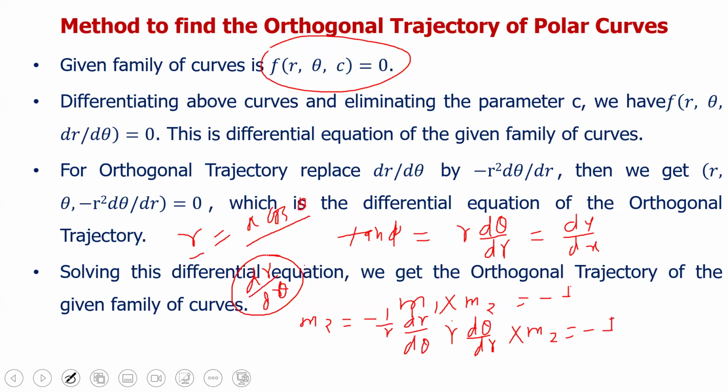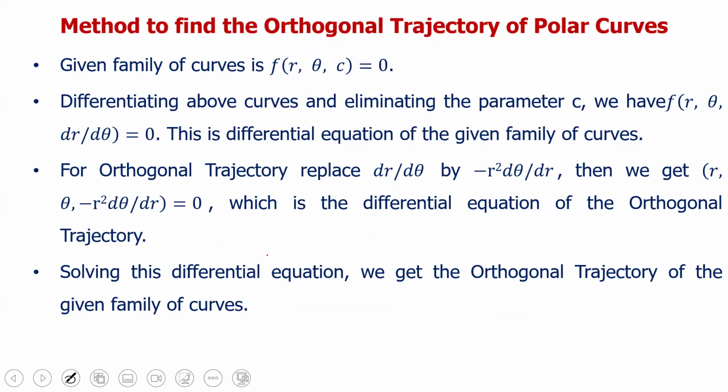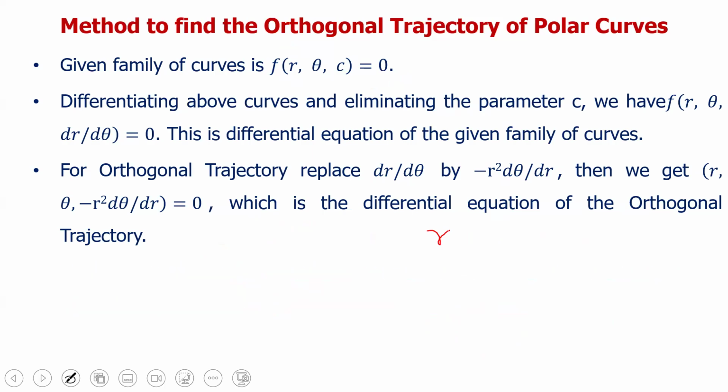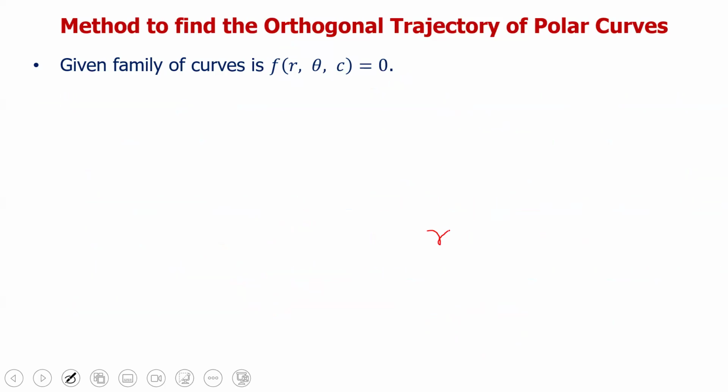So just look here. What is the tangent? The tangent is r dtheta/dr. So if we find the value of m2, it should be r dtheta/dr times m2 equal to minus 1.